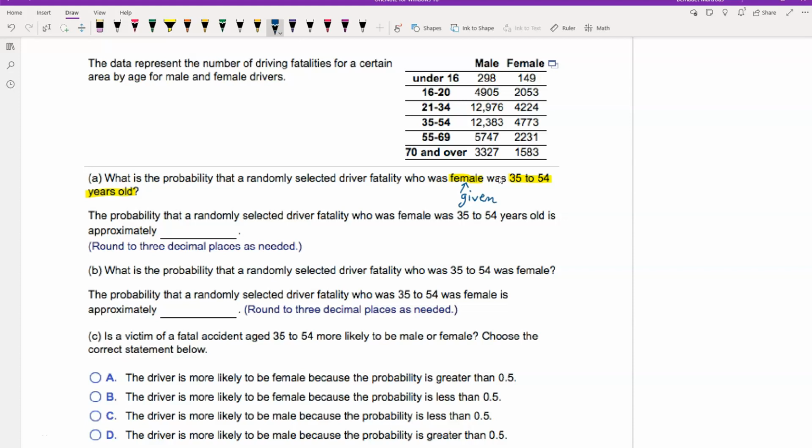It says that the driver is female, and it's asking if that driver is in this age group, 35 to 54 years old. So here is our question.